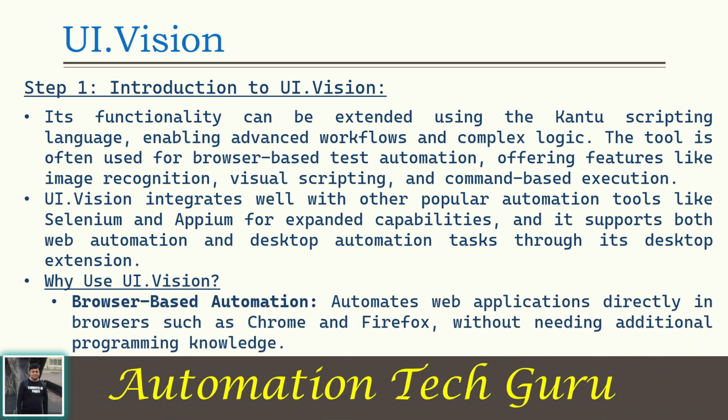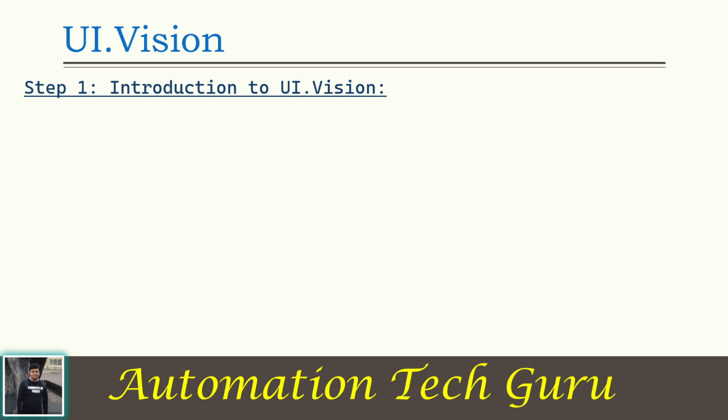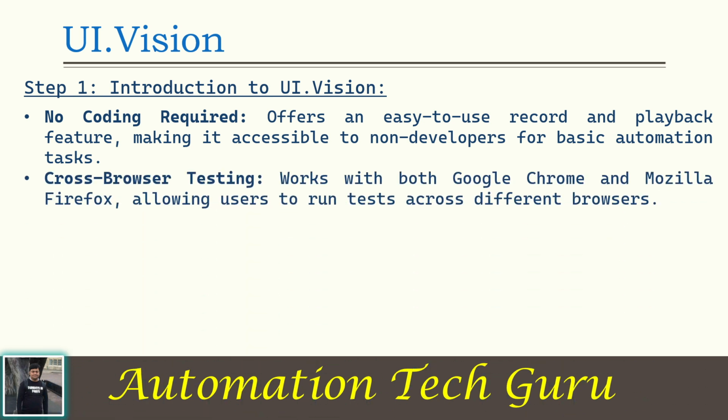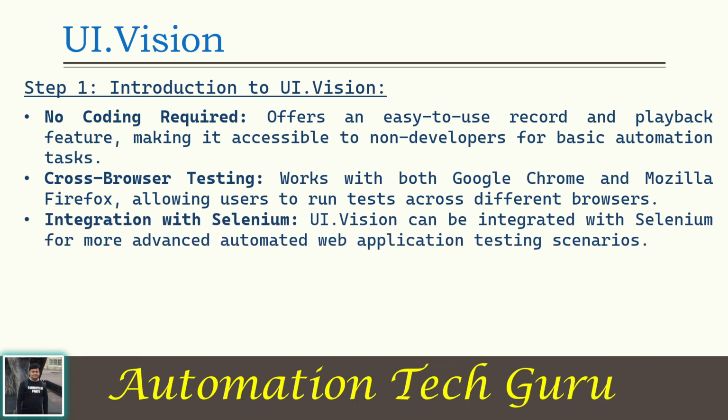Why use UI.Vision? Browser-based automation: it automates web applications directly in browsers such as Chrome and Firefox without needing additional programming knowledge. No coding required: it offers an easy to use record and playback feature, making it accessible to non-developers for basic automation tasks. Cross-browser testing: it works with both Google Chrome and Mozilla Firefox, allowing users to run tests across different browsers.